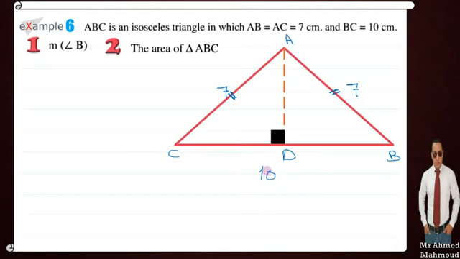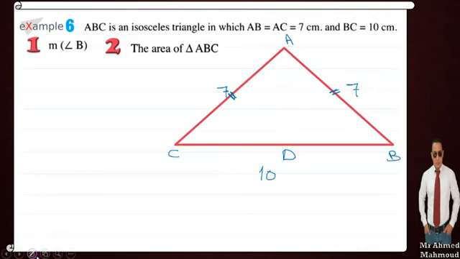In the second prep, we studied the axis of symmetry of the isosceles triangle, the line drawn from the vertex perpendicular to the base. What does this line do?